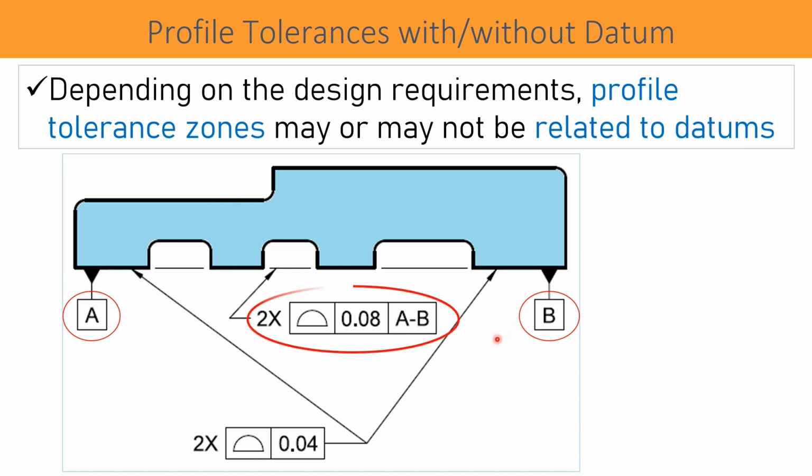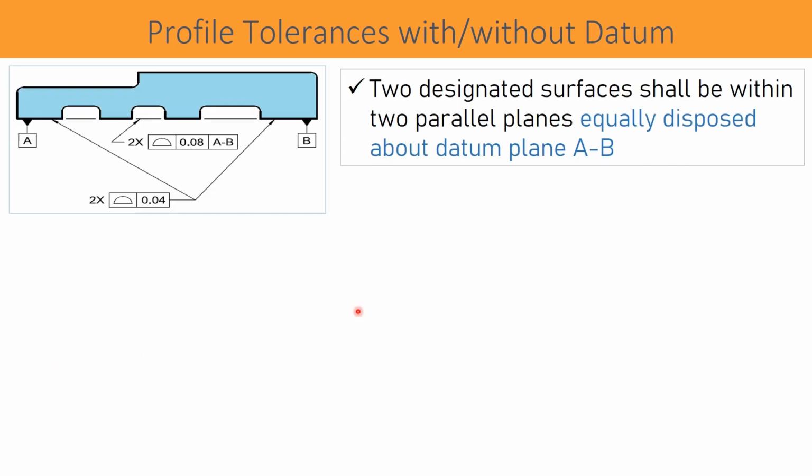In this drawing, a tolerance of profile is applied to these two surfaces within 0.08 and with datum A and datum B. A dash B is called a common datum. In this drawing, two designated surfaces, this is surface number 1 and this is surface number 2.